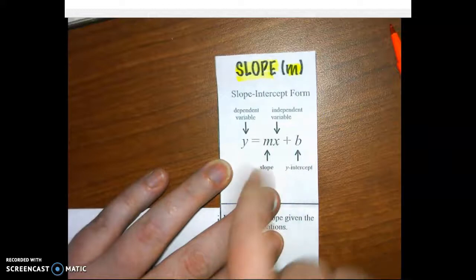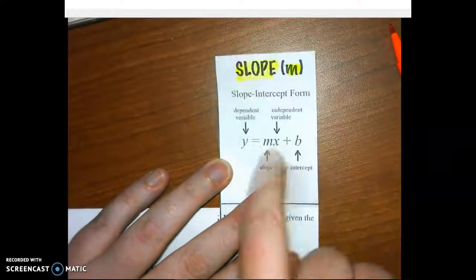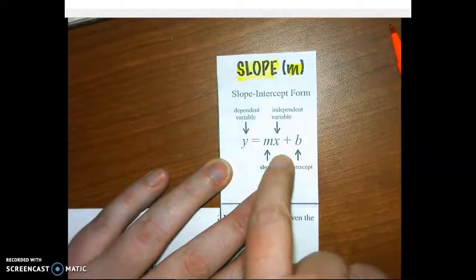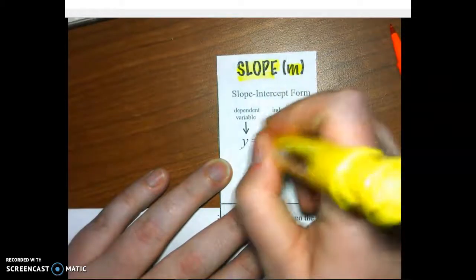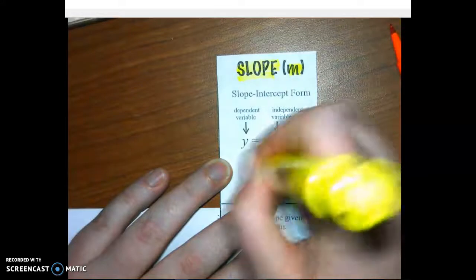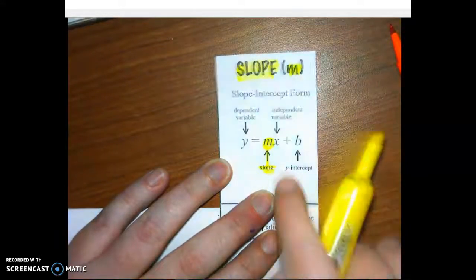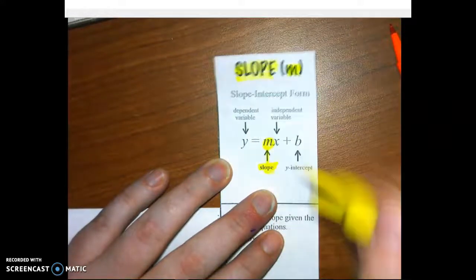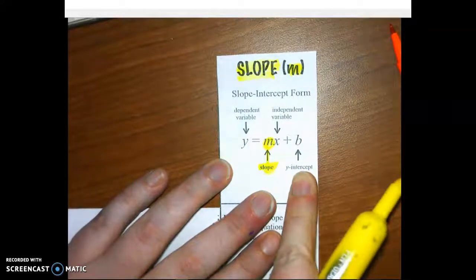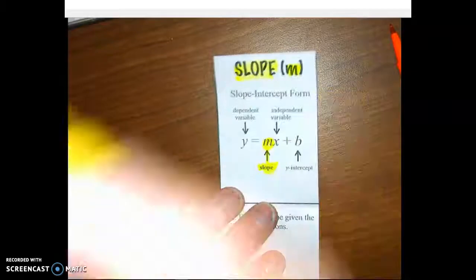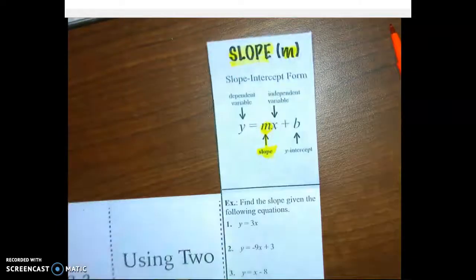When we plot x and y values, that's this. Slope is this coefficient right here. It's this letter, which is also a number, m. And then b is the y-intercept. An intercept, like we talked about in class, is where your line crosses the y-axis.